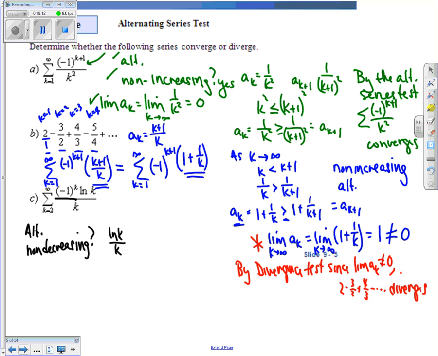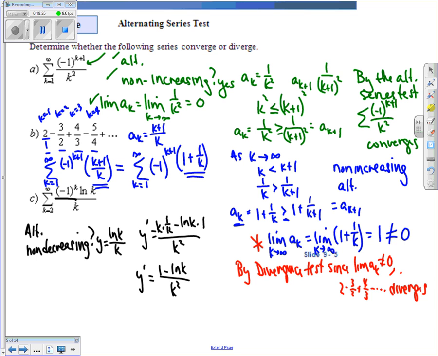So what I'm going to do is take the derivative. If this is my function, then if I took the derivative of that, y prime, I'm going to have k squared, k times the derivative of the top minus the top times the derivative of the bottom. So I've got that y prime is equal to 1 minus natural log of k over k squared.